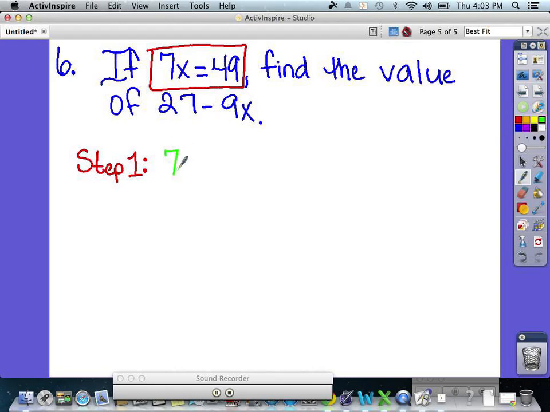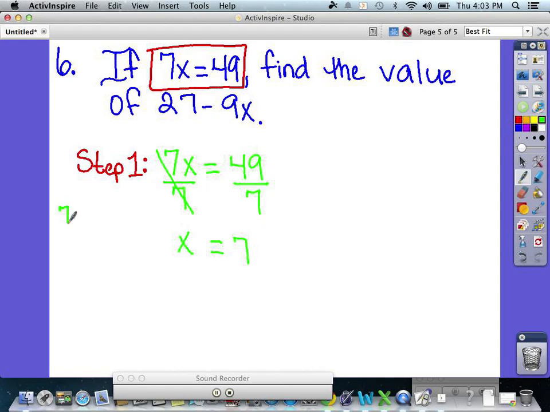So 7x equals 49. This is a very simple equation, but if you don't know what times 7 will give you 49, just use your calculator, or you can plug it in if you do know. x equals 7.